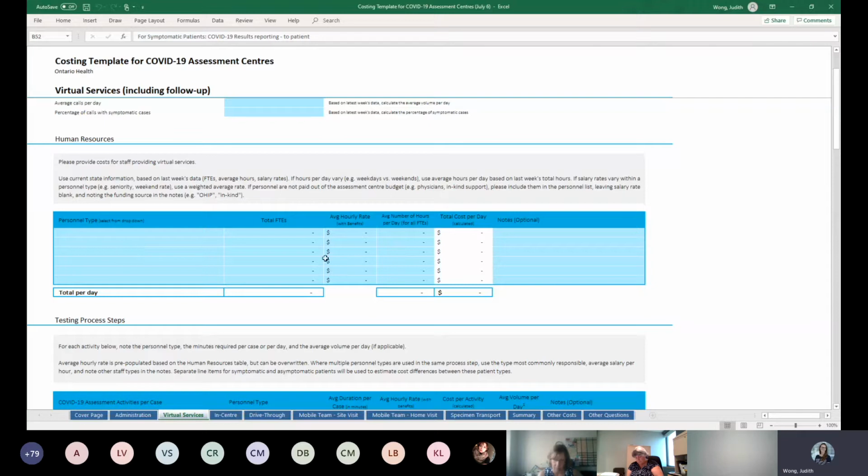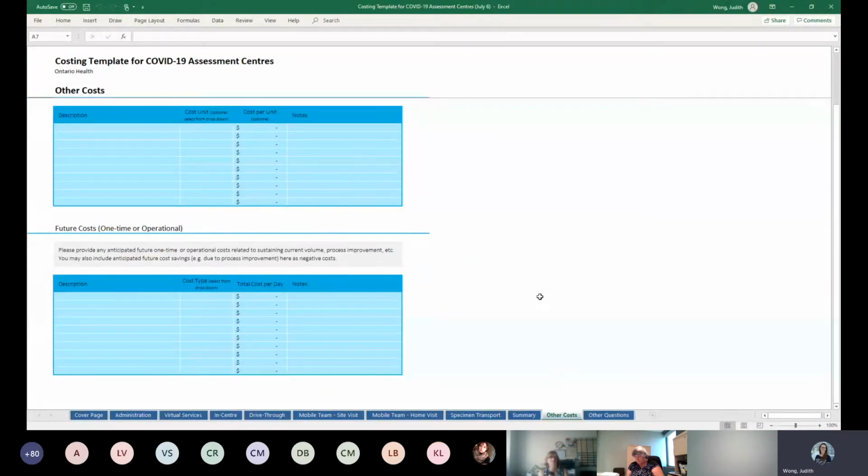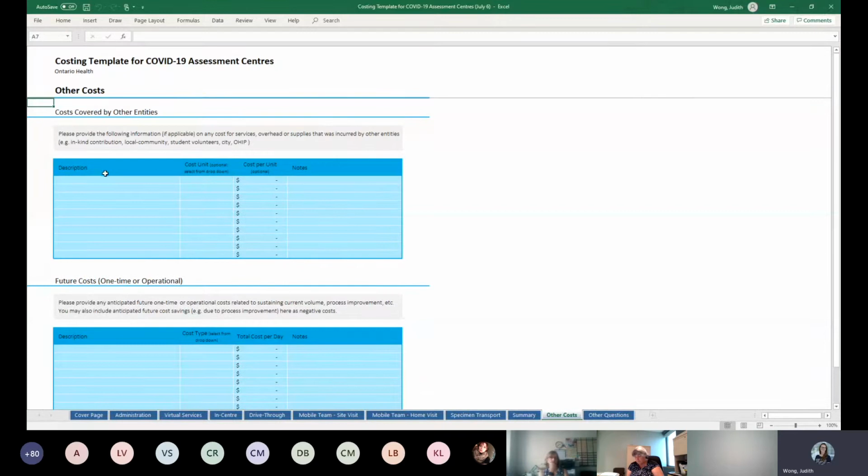So that's important, so we understand your model of care, and you can leave the cost blank as you're not paying for it. To give us some additional context on that, jumping ahead again, we have a separate section for costs covered by other entities. So if you know what those costs are, even though you're not paying them, you can include that here for us as well.